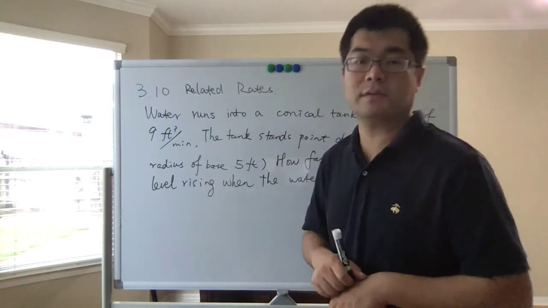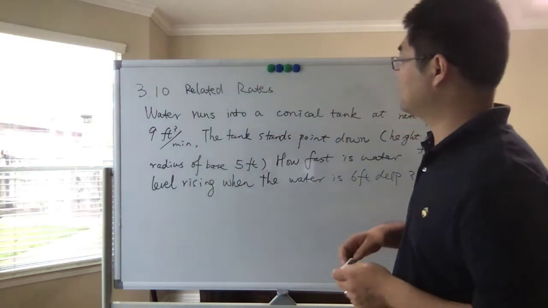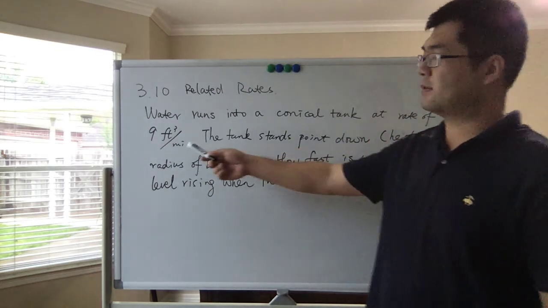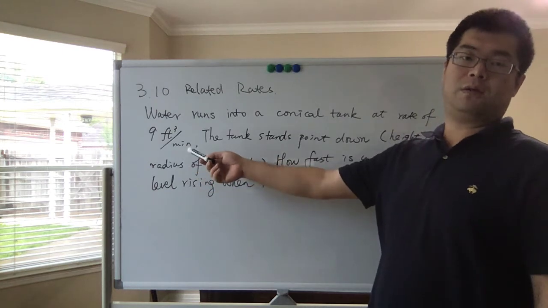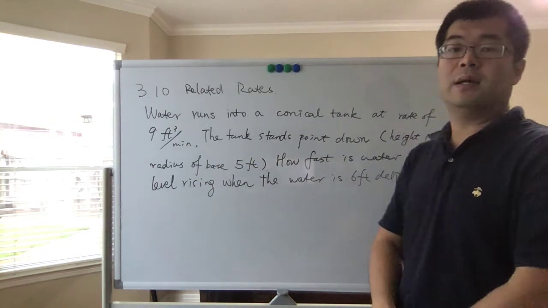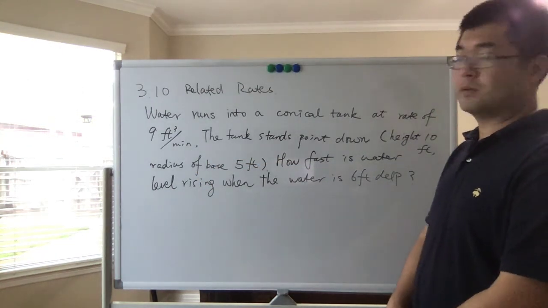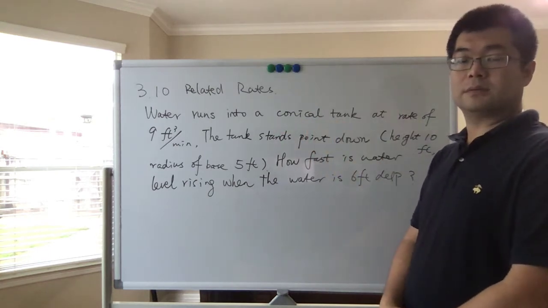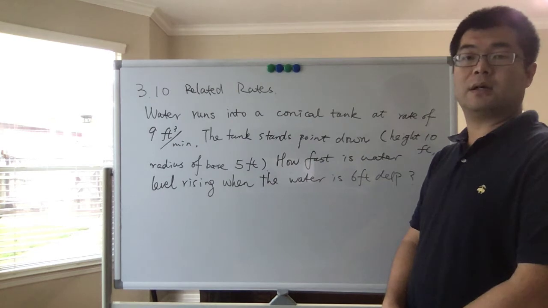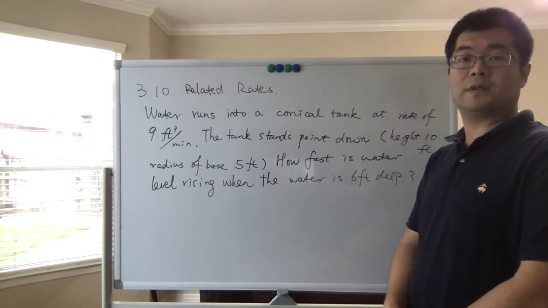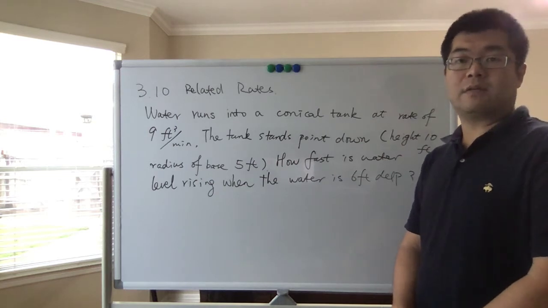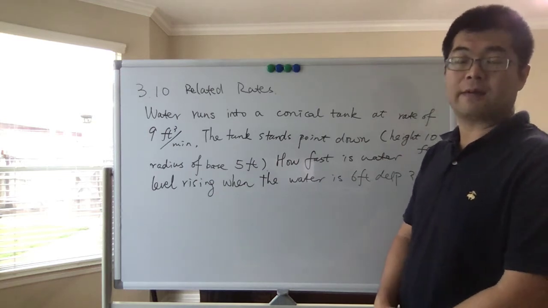It says like this: water runs into a conical tank at a rate of 9 feet cubed per minute, and the tank stands points down. Since it's a conical tank, it also gives us that the height of this tank is 10 feet, and the radius of the base is 5 feet.